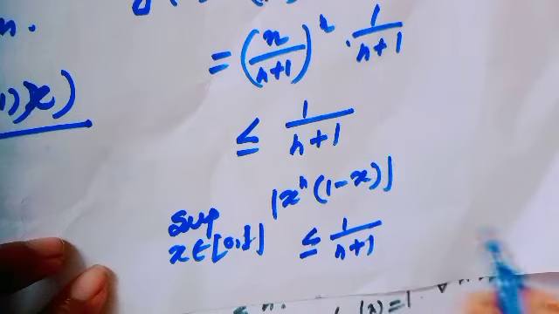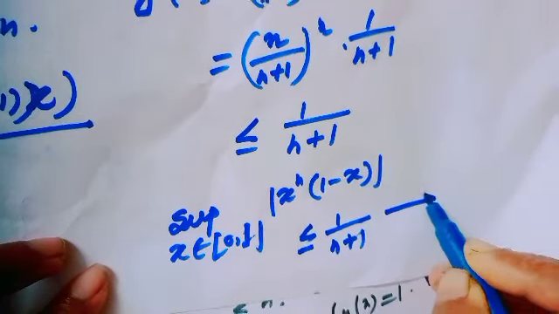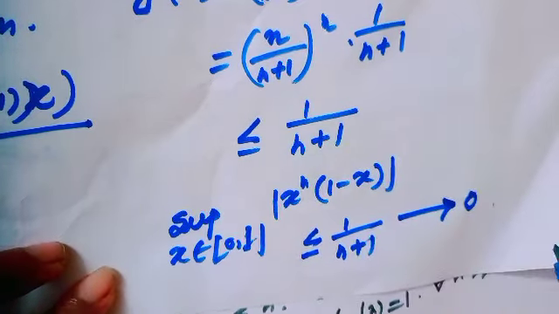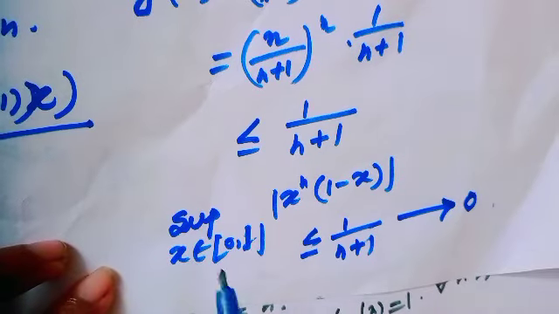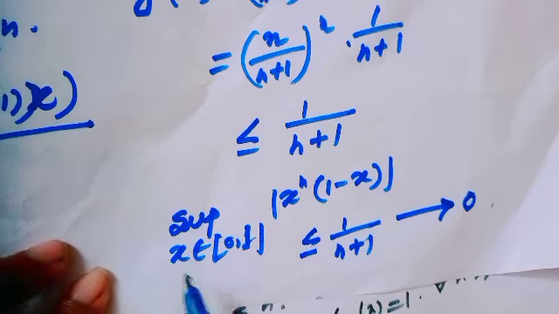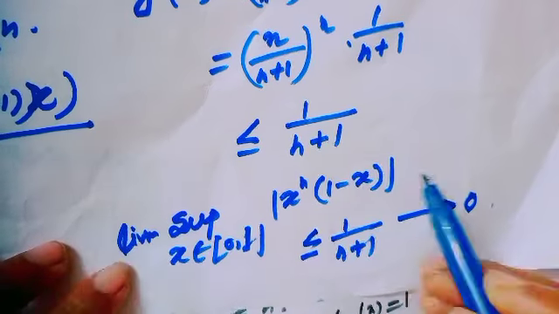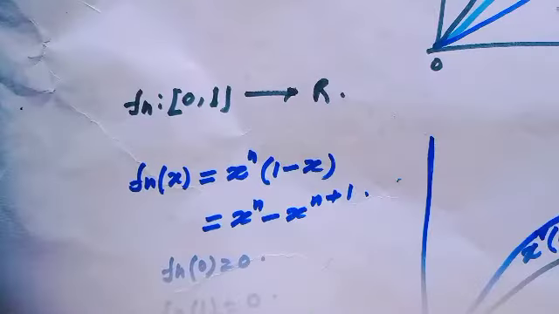Since this value obviously tends to 0, the limit of this supremum tends to 0. That means our given function converges uniformly.